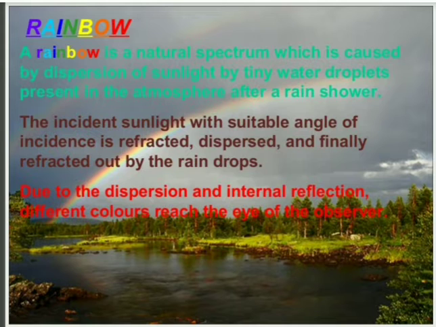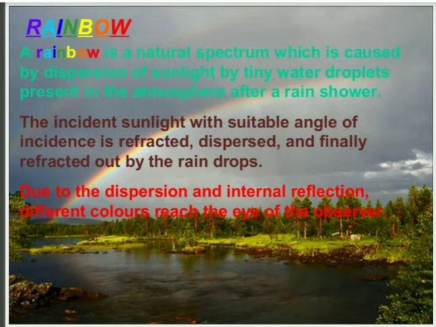For example, rainbow. Yes, you have observed a rainbow many times. It is the natural spectrum caused by dispersion of sunlight by tiny water droplets present in the atmosphere after a rain shower. You must have seen a rainbow many times, and it is always opposite to the direction of the sun, isn't it?